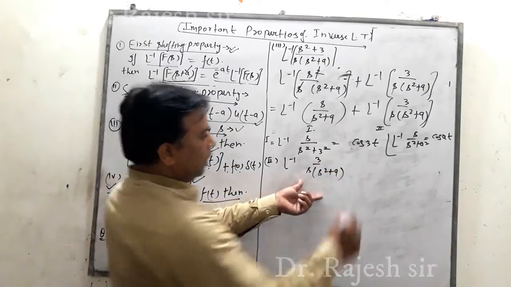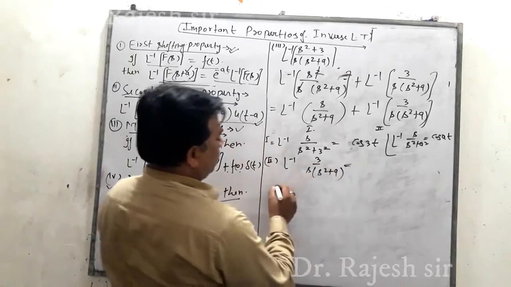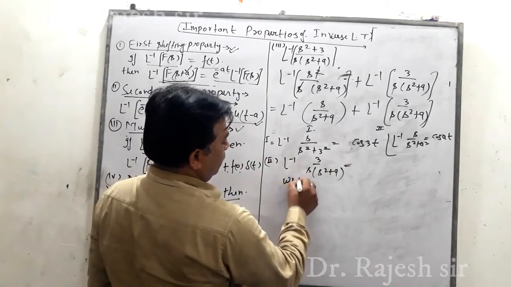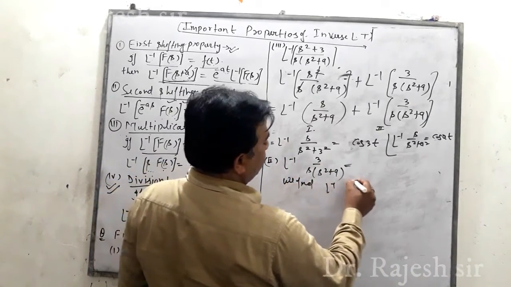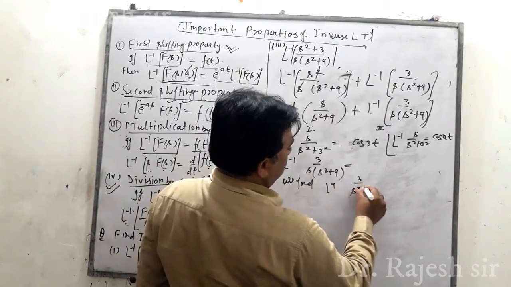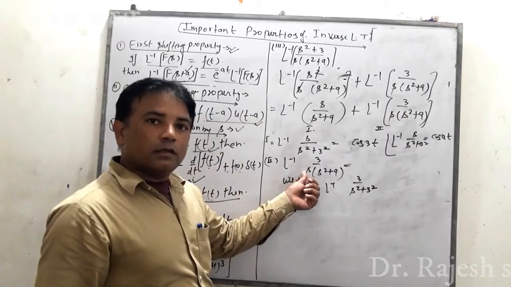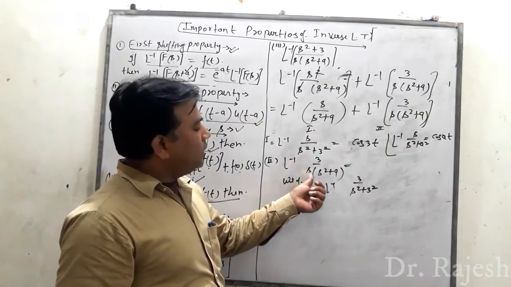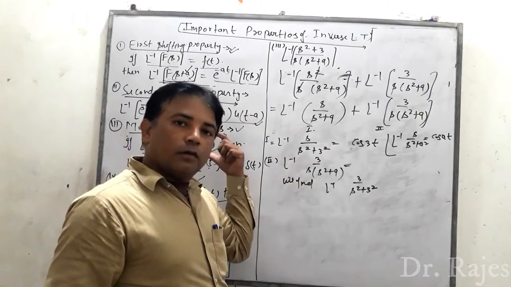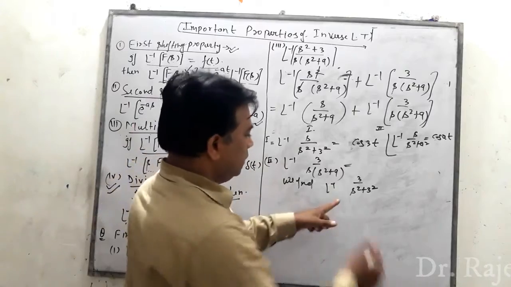Now we find L inverse of 3 upon s square plus 3 square, leaving the s. After that divide by s, we apply the property of division by s.